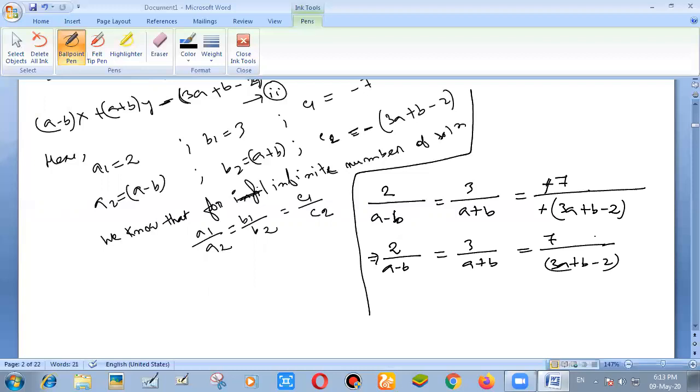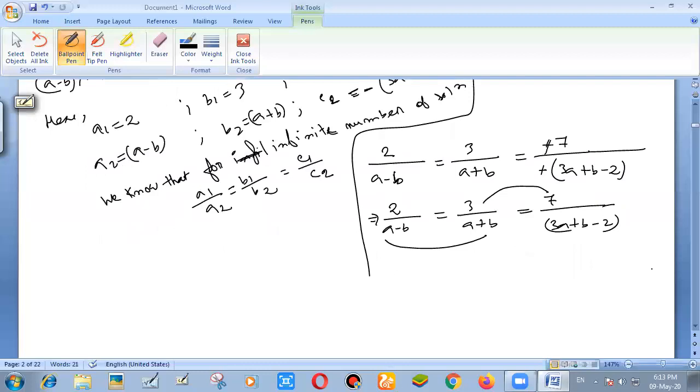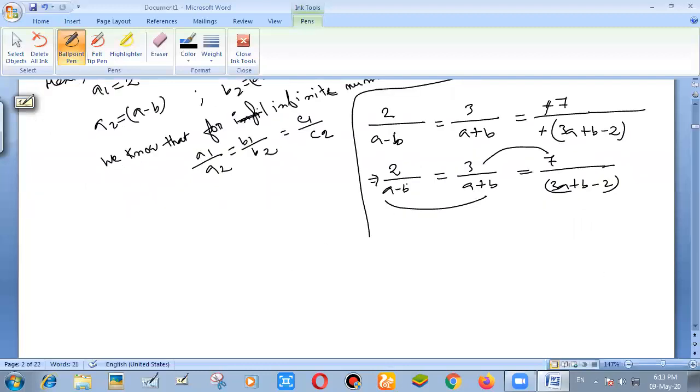So how can you find the value of a and b? First you have to equate these two. Then if you equate these two, you will get two equations in terms of a and b. First equate these two.